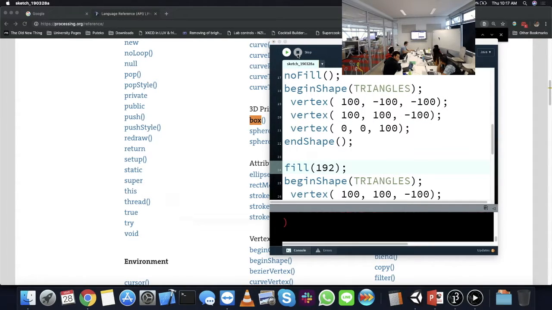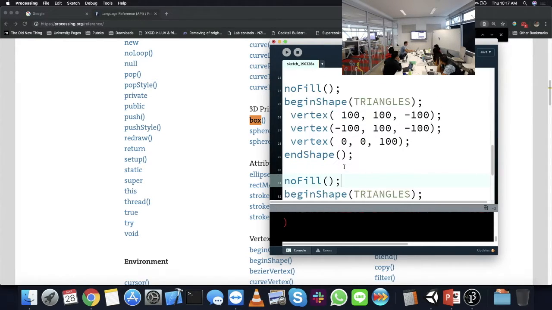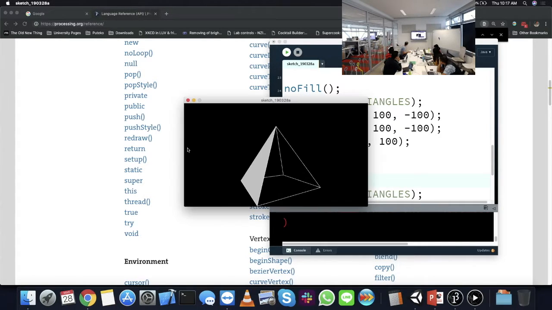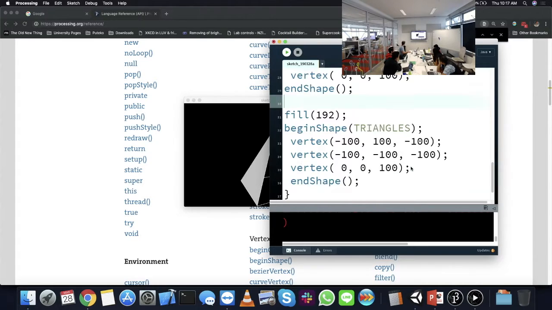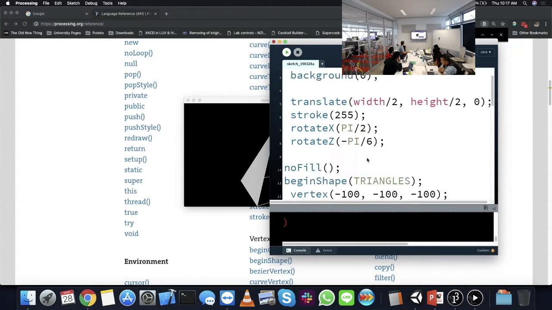Third one is the one at the front, and hopefully no surprises. The final one is the one on our left-hand side of the triangle. So you can see there are the 4 triangles, 1, 2, 3, 4, which are being drawn, and you'll notice that there's no shape for the quad at the bottom, that's just there.